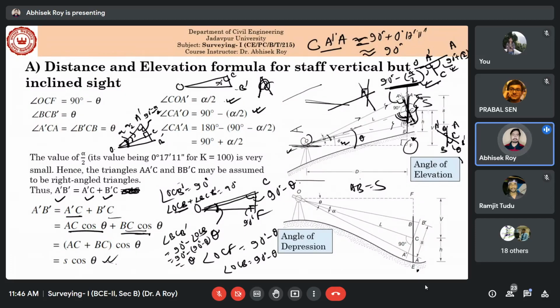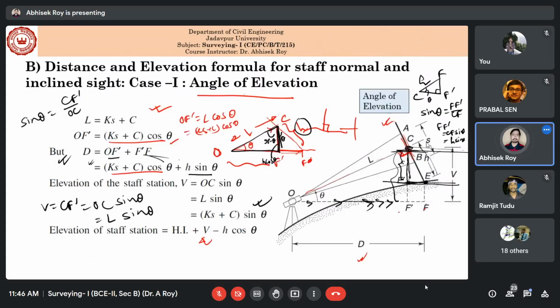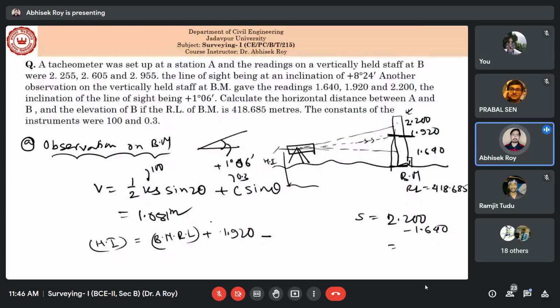Right now, the RL of this point we know. Along with that, we have added H, the middle stadia reading. You have to deduct minus V. So with the RL, you are adding H and you have to deduct the V. Why? Because you want to calculate the height of the instrument at the instrument station.